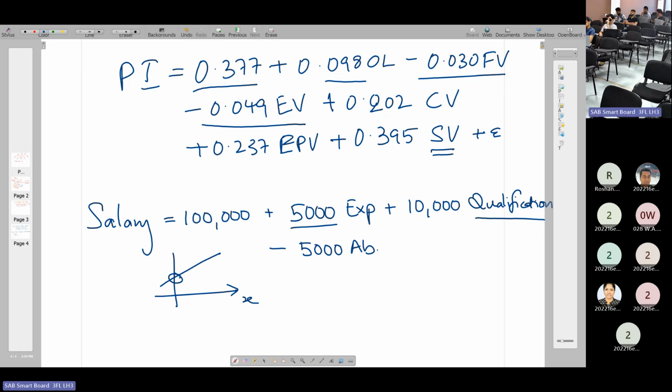If you're absent 1 day, your salary goes up? No, goes down, usually by 5,000. That's a negative sign. It goes down. That's why it can be a plus sign as well as a negative sign. So this is what the slope means. This is the intercept. These slopes could be positive, but it could be otherwise.